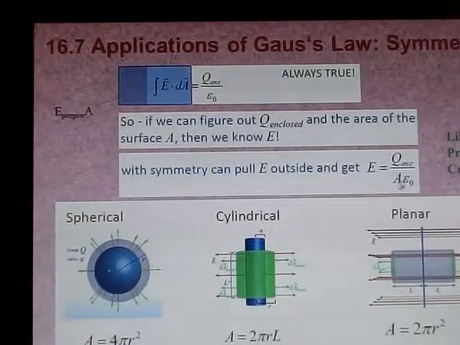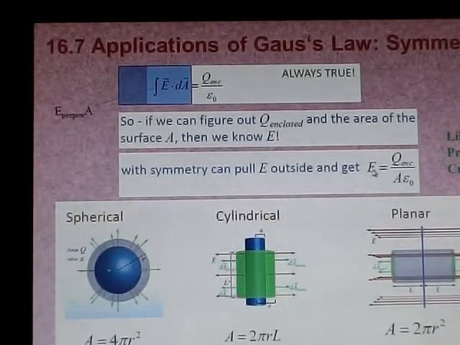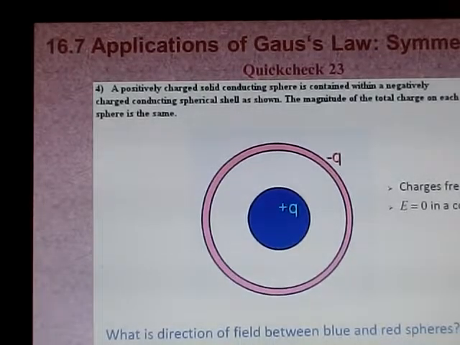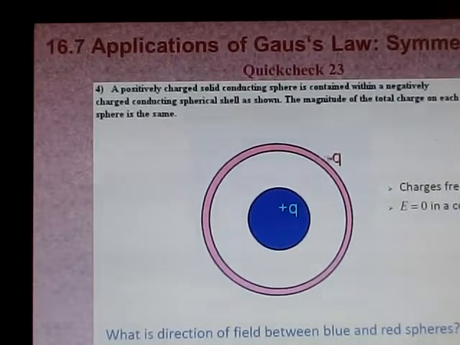Or you can pull out the A here, multiply it by E to get the flux, and then you are left with the flux being equal to charge enclosed divided by the constant epsilon naught. This is always true. Let's try a few problems.